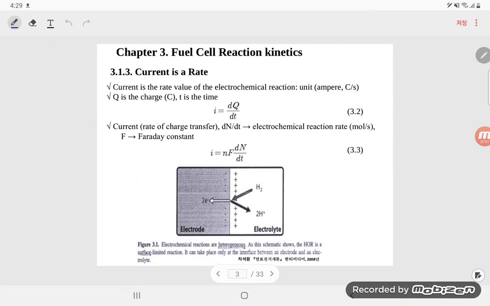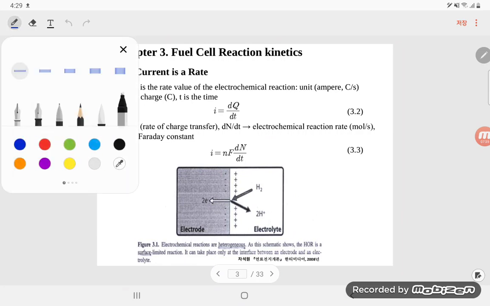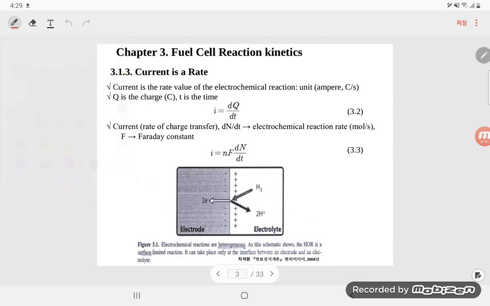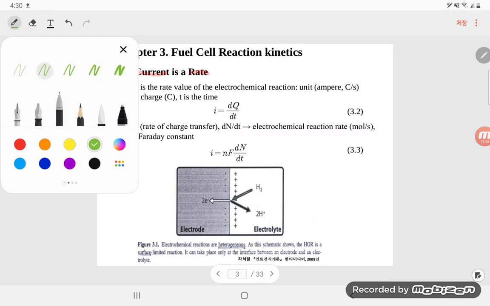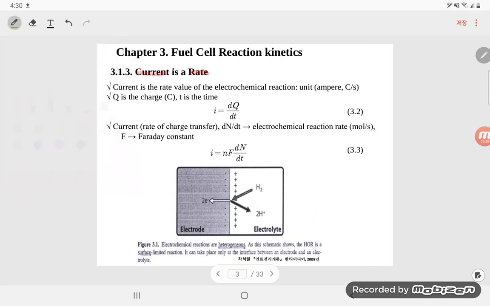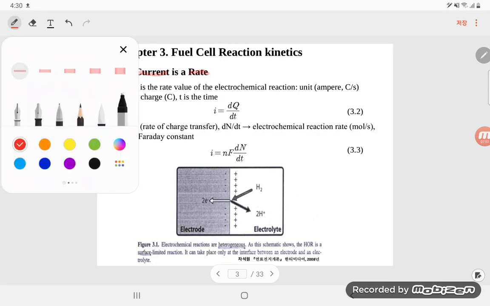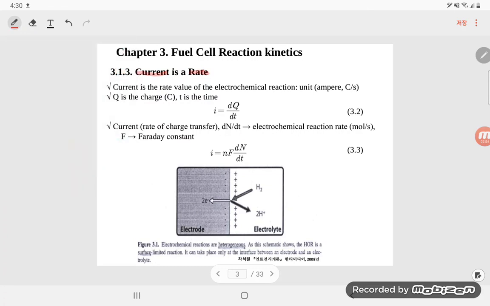So, let's check what the current is from now on. The current is a rate. Rate means the velocity, right? So current is the rate value of the electrochemical reaction, right?